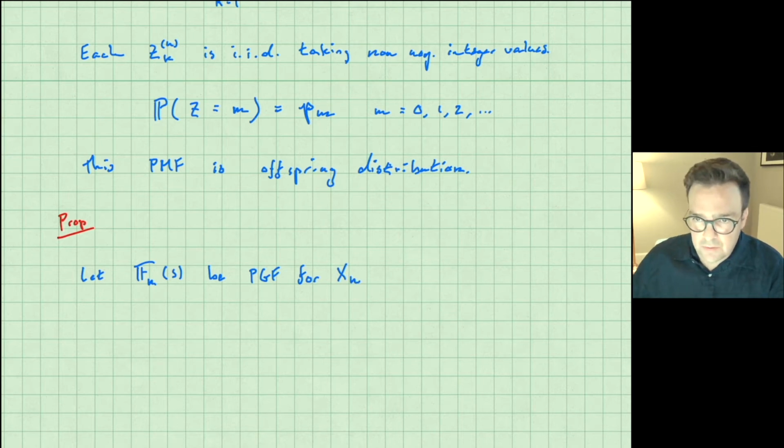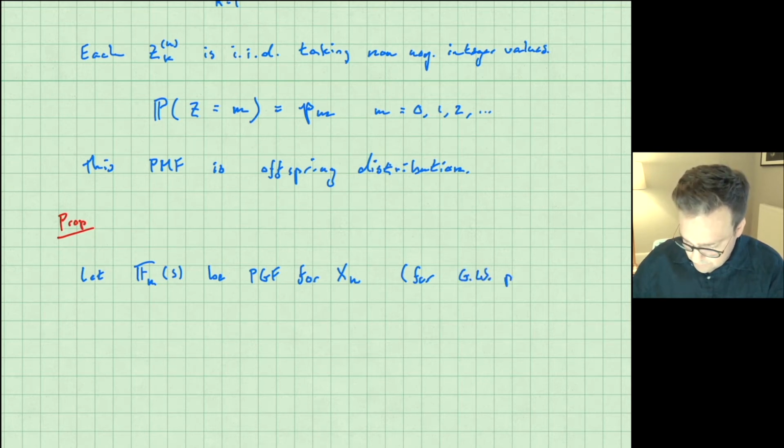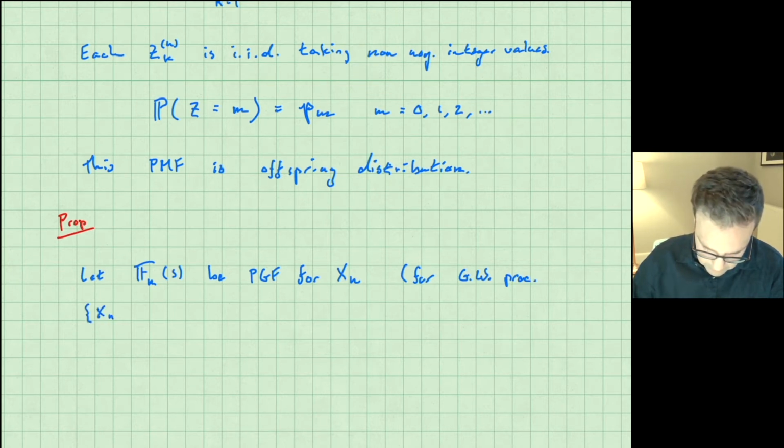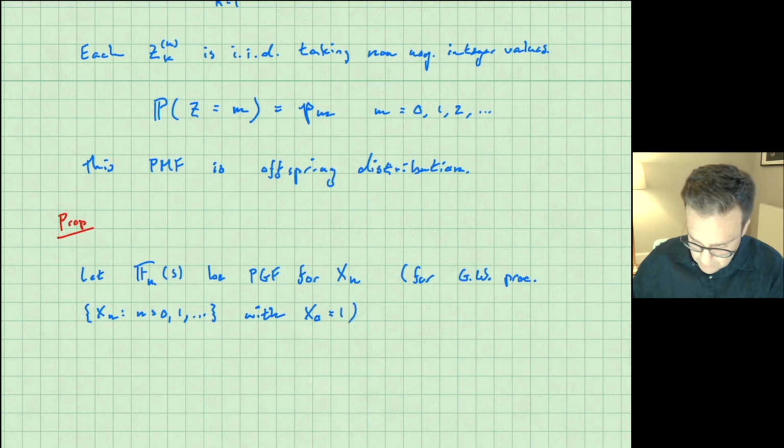All right, so again, this is for a Galton-Watson process, Xn, and then n is 0 or higher. And we're going to start with x0 equals 1, which is not always required, but we're going to do that, right?